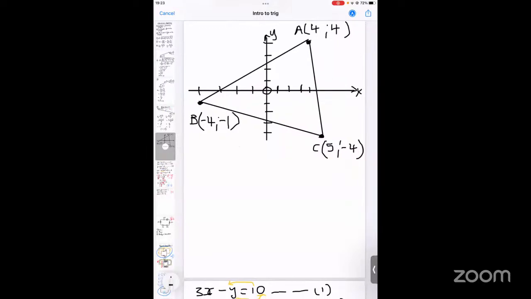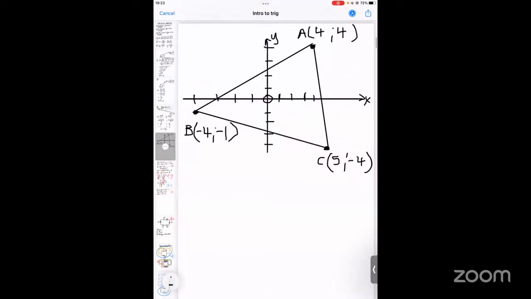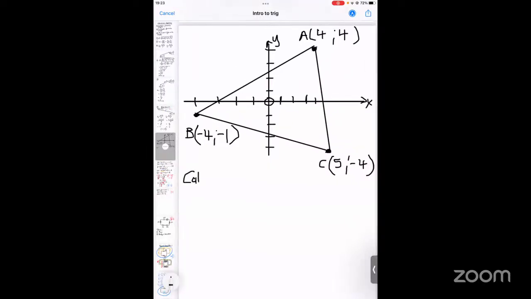And then when the question comes, they will say calculate the following. Number 1, let's make it the distance of ABC.